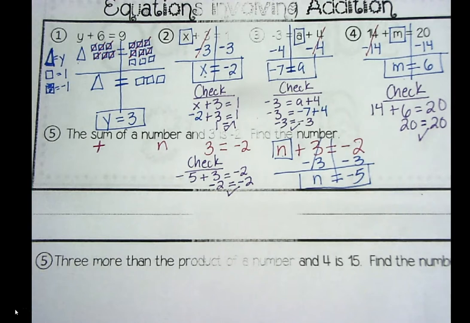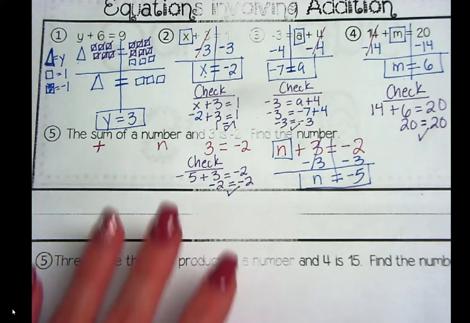All right, so we've now done 5 equations involving addition. You guys are going to do some practice with addition and subtraction equations today after we watch the video. So now I need you to grab your sheets, and we're going to find on your sheet where it says equations involving subtraction.